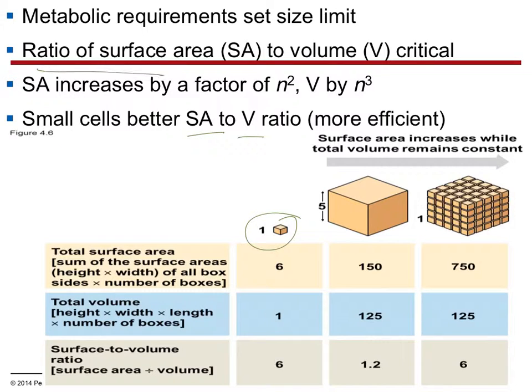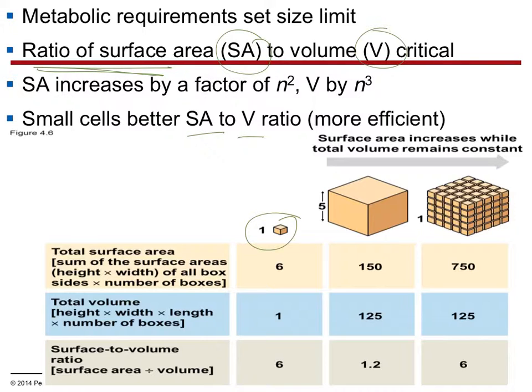So this ratio of surface area to volume is a critical ratio, and you want a higher number on the top, basically. You want more surface area to volume.